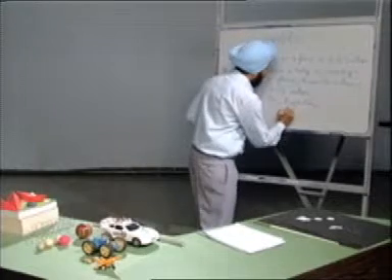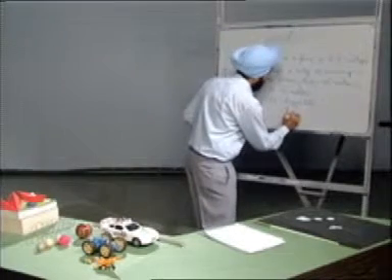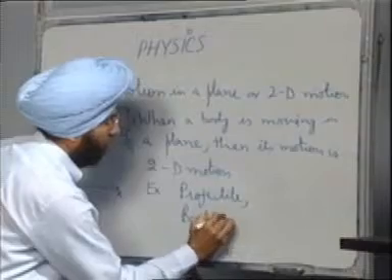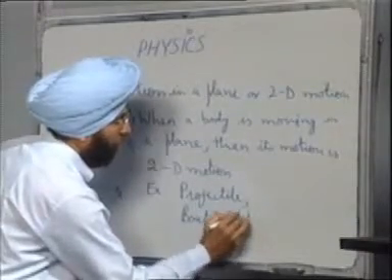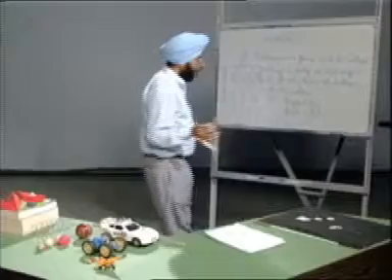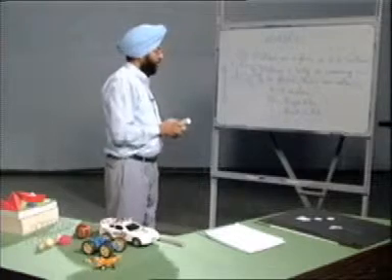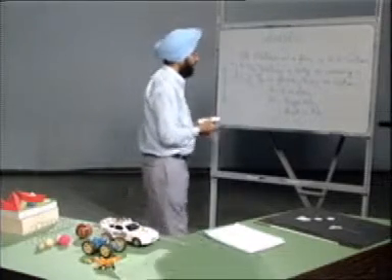If we have a boat in a tub, moving at the surface of the tub, this is a two-dimensional motion.